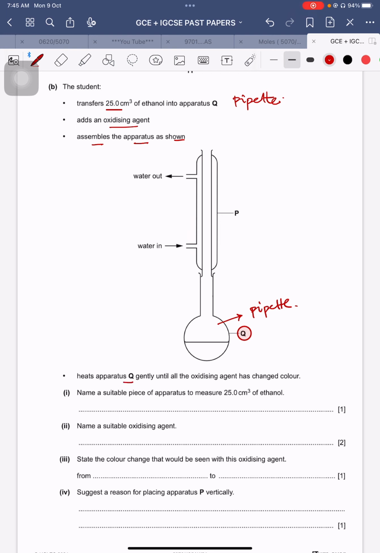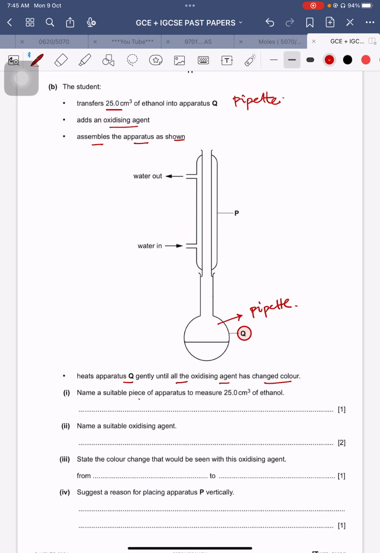Heats apparatus Q gently until all the oxidizing agent has changed color. How it is changing color and what is happening is not part of your syllabus currently. We will discuss it when I teach you the chapter of redox, inshallah, and when we discuss the oxidation of alcohols in the topic of organic chemistry, inshallah.